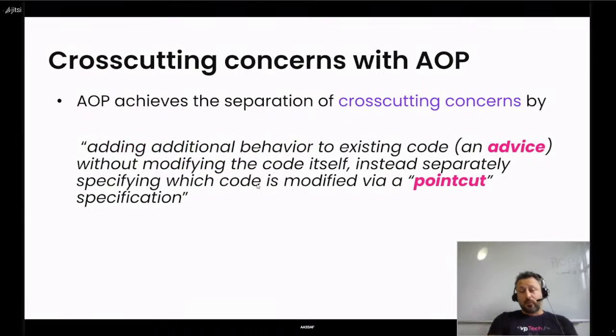So with AOP, the cross-cutting concern is represented by the additional behavior that we want to add to an existing code, which we call advice, without modifying the code itself.